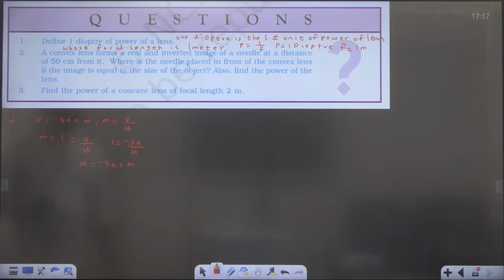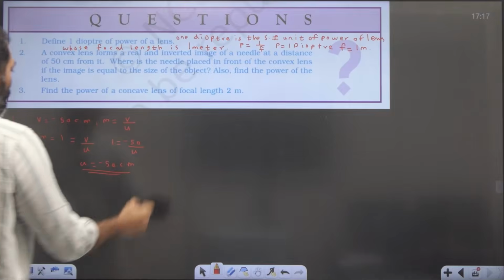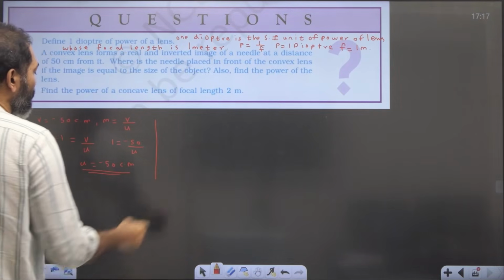Now, object distance is minus 50. What is the power of a lens? Power of a lens is the reciprocal of focal length.